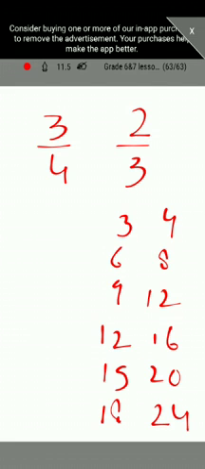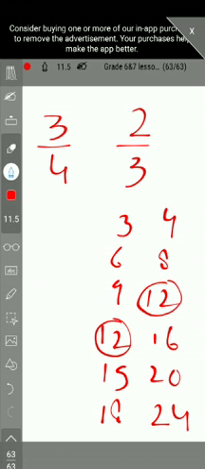Now you can see the common multiple of 3 and 4 is 12. So the least one is 12, and we are going to take 12 as the LCM of 4 and 3, right?